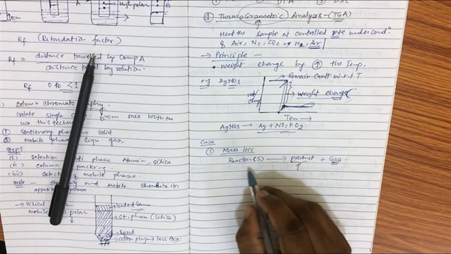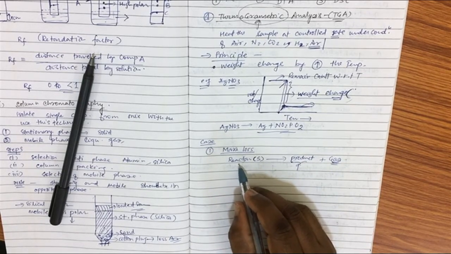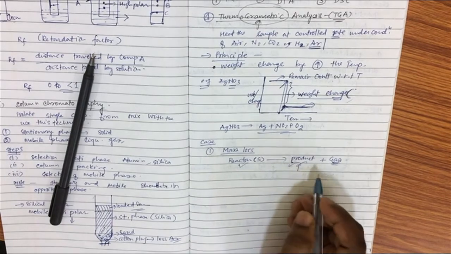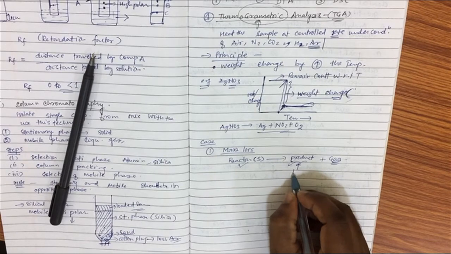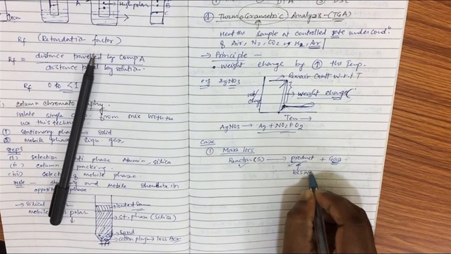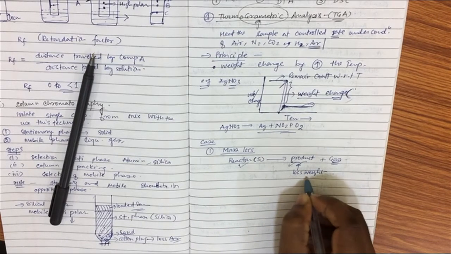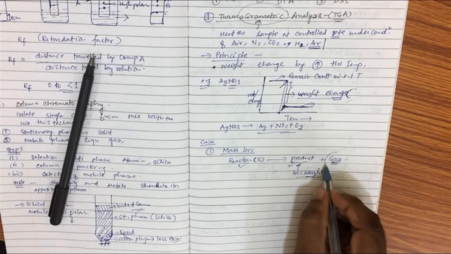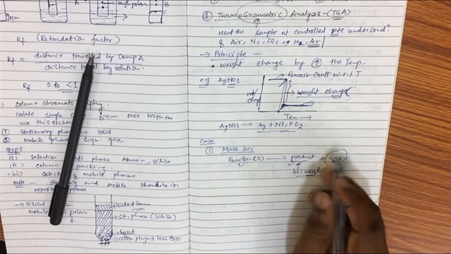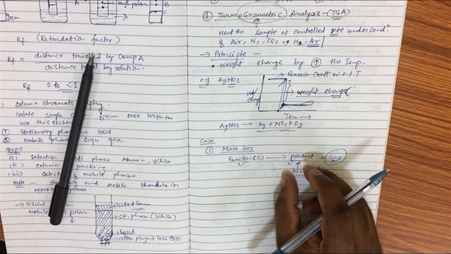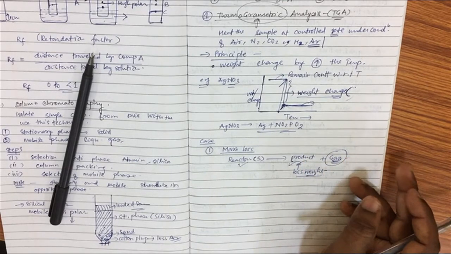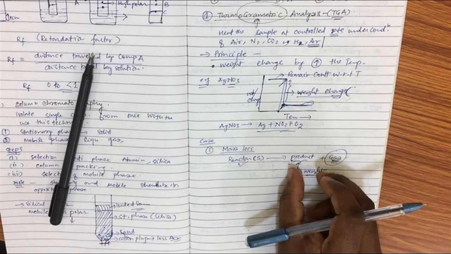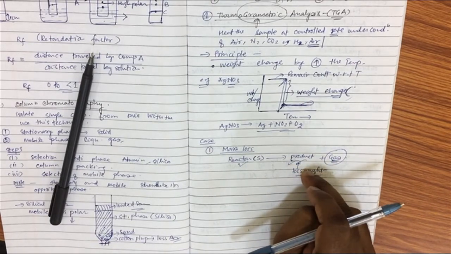If you compare the product and the reactant, you will see a loss of weight, because of the formation of gas, as some part of the reactant converts into gas. So here you will see the loss of mass or weight.